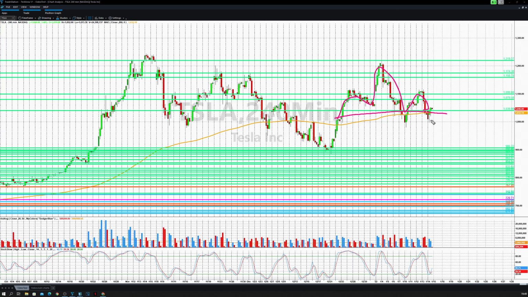I think it should fall. I don't want to, but it needs to make some closing of the gaps, so it can move up to the next level of 1500 for Tesla. So this is it for Tesla. Let's see some other stuff.